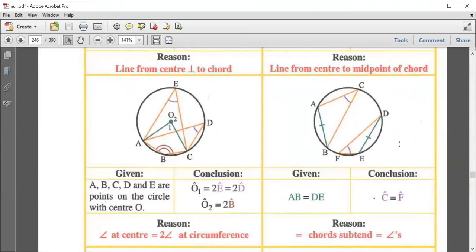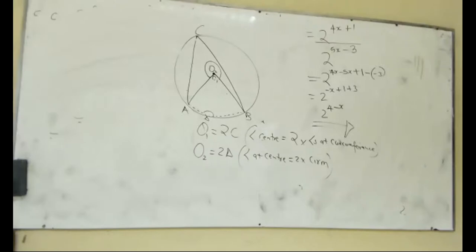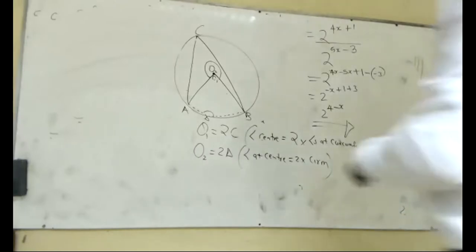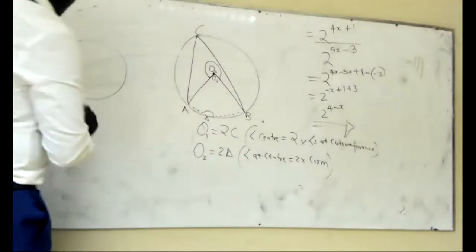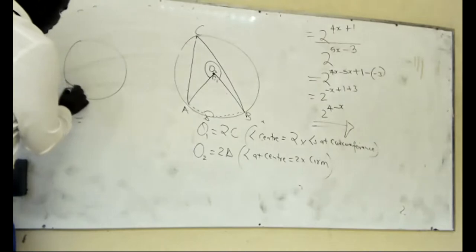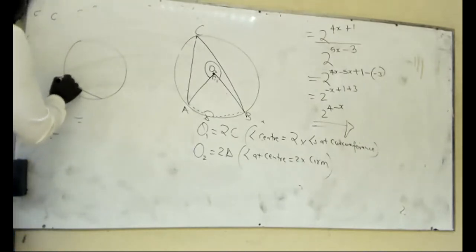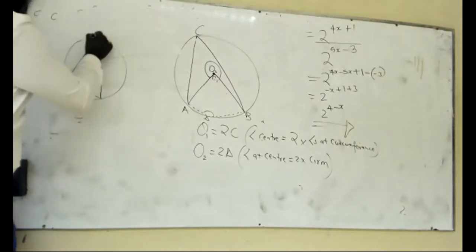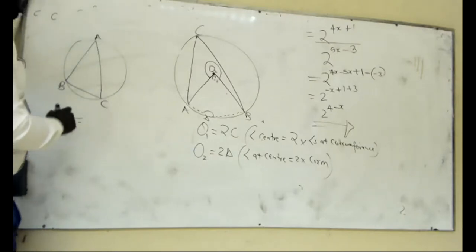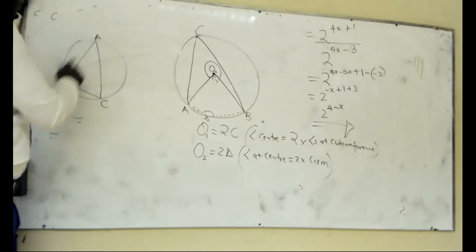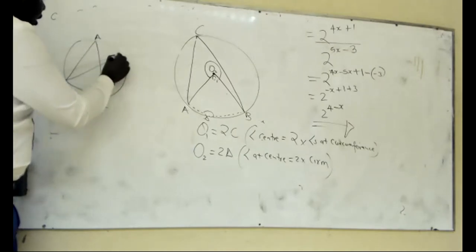Okay, let me write this on the board again for simplicity, because I want to emphasize this theorem. It is very important, even in grade 12. They are for grade 11, but you must take note of this theorem even for grade 12. In simple terms, you might have something like this: a triangle inside, ABC, and then another triangle.